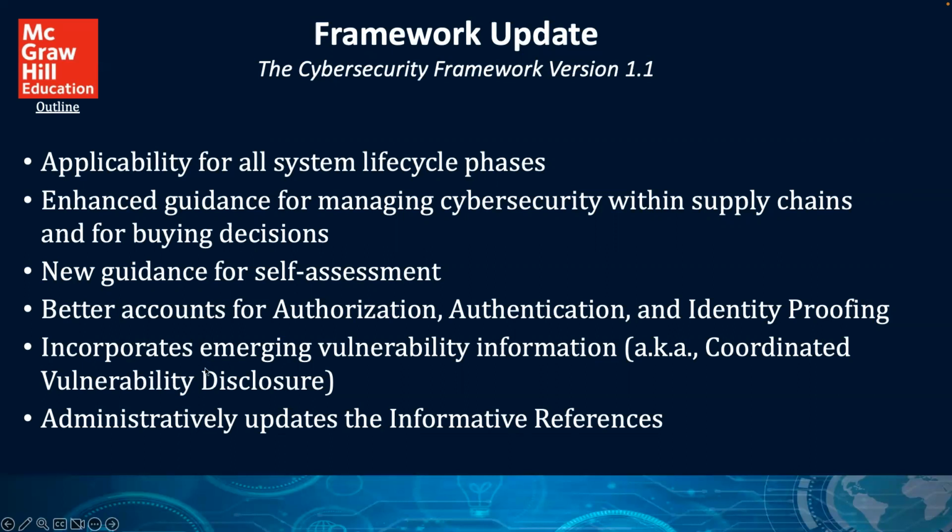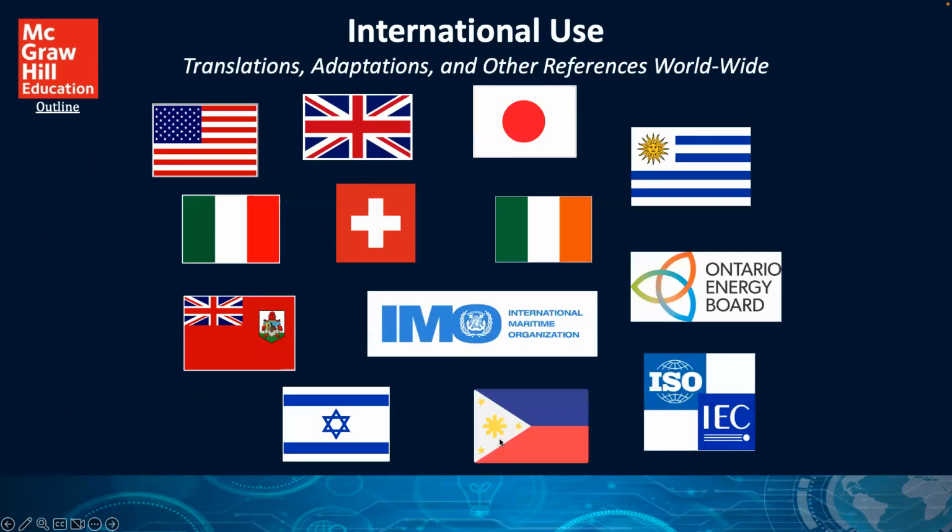It can incorporate emerging vulnerability information. And so there's a coordinated vulnerability disclosure to say that, well, we need to look at things to fix any holes, to update software, to make sure that any internal to external access are monitored and carefully evaluated for issues, and it administratively updates the information references.